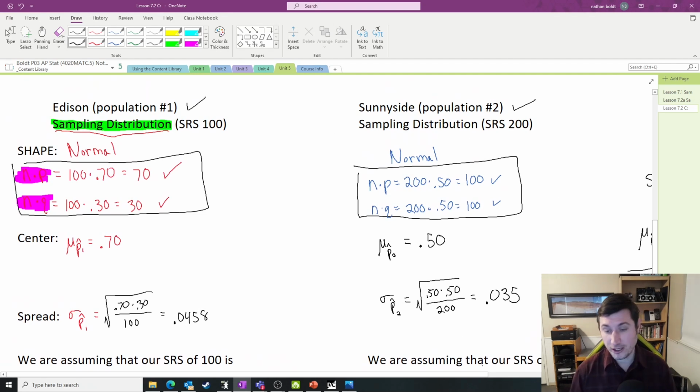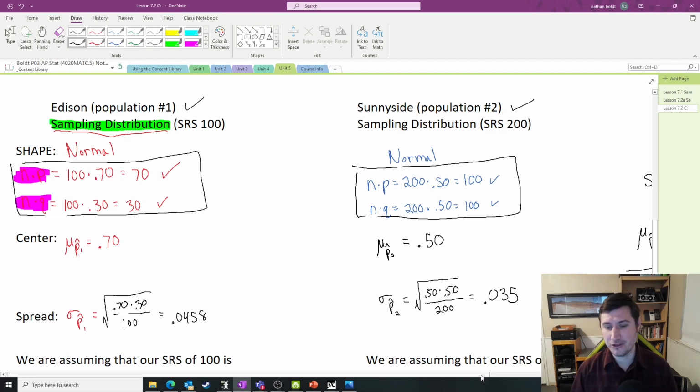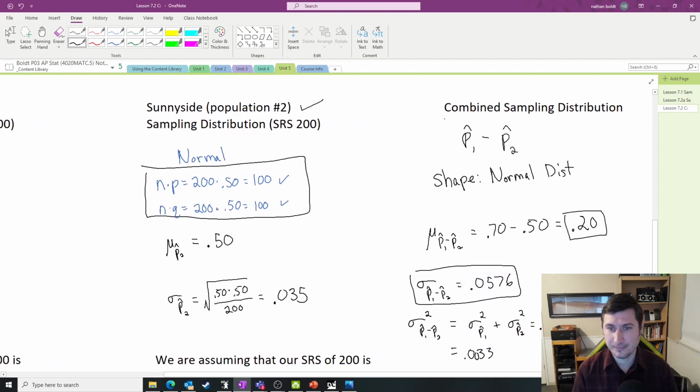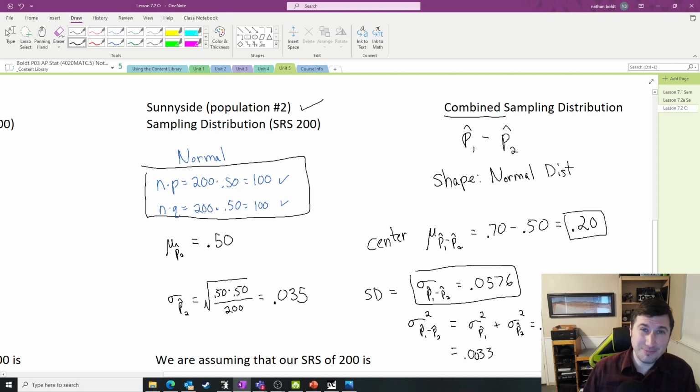If they both check out, they're normal, you got this middle, you got the standard deviation, then you can combine them. Find your new middle and your new standard deviation. And then the fun begins.